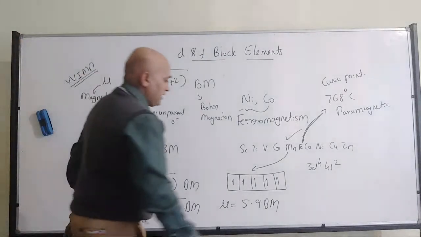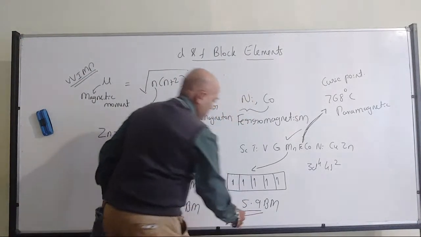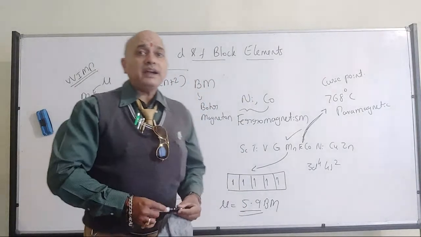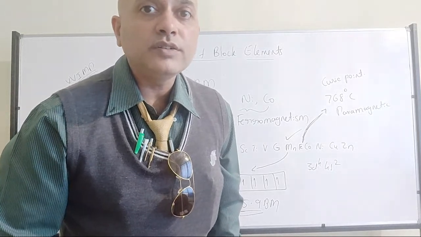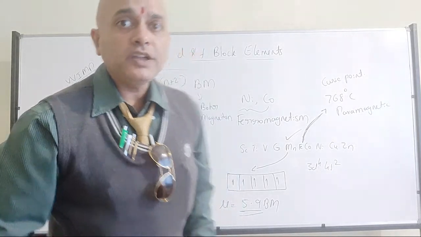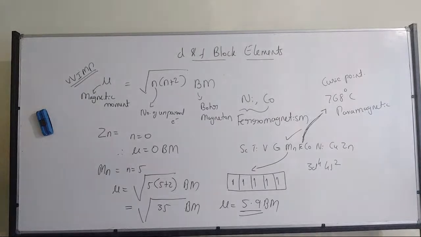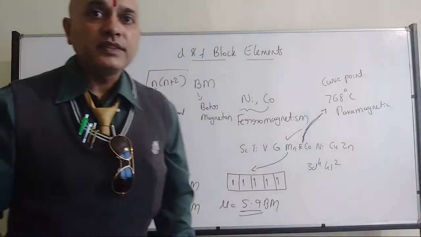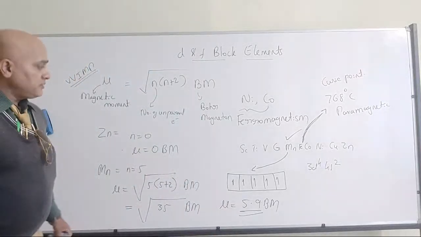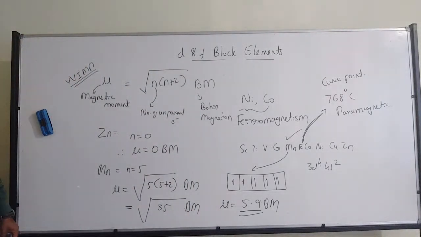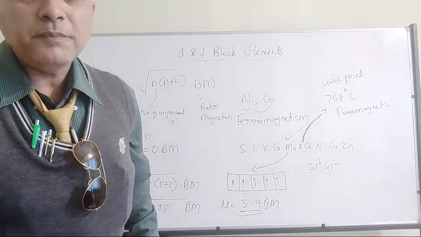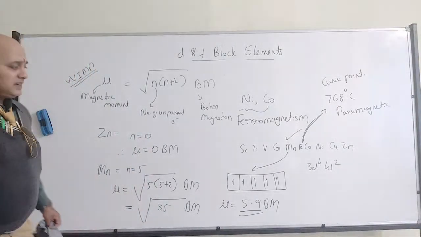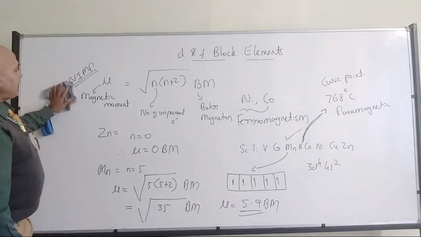It should be approximately 5.9 Bohr magneton. No, Shiv Kumari, you cannot write 35 for Bohr magneton; the square root is there, and you have to solve it further. You will find approximately 5.9 Bohr magneton.